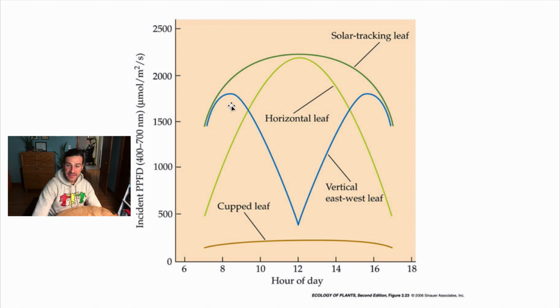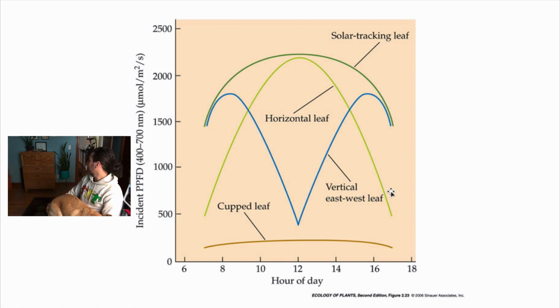Now, in hot and arid desert biomes, you see vertical east to west leaves. So the plant behind me is actually a desert adapted plant. It's called a snake plant, and you can see that its leaves are straight up.